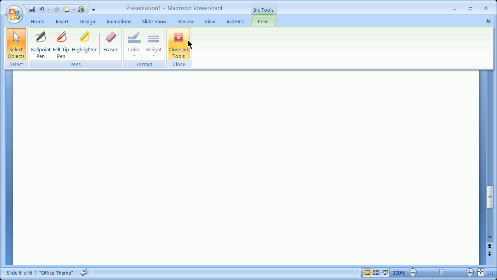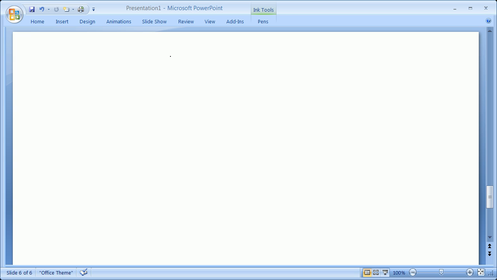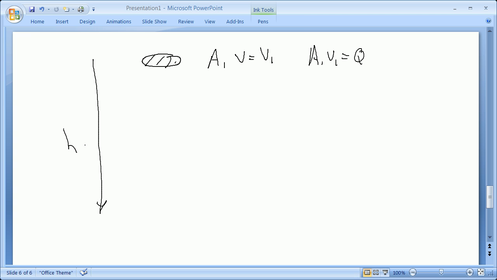Well, all kinds of different reasons, I'm sure, but partly it's because of this. If you have water with a certain area coming down, area 1 there, and a velocity, let's say equal to v1, we know that area 1 times v1 is some value q, and as this drops a certain height h, we know that the area at 2 times the velocity at 2 has got to be equal to the area at 1 times velocity at 1, and so our area at 2 must be less, and so we get what's called a nape.